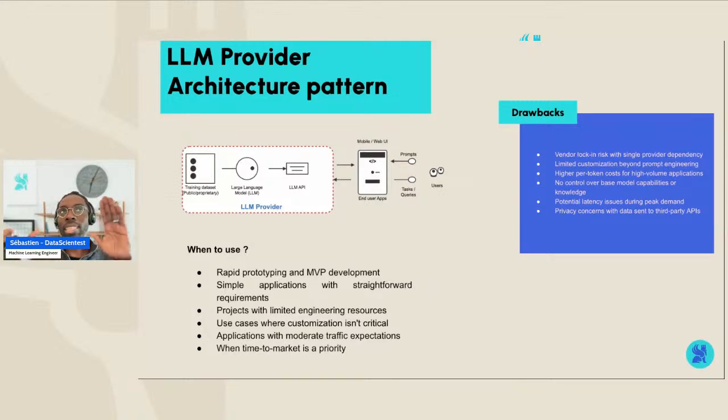But the idea is that this is the most simple one. You will simply use an LLM provider. The LLM provider on its own has already curated a dataset, performed the training, and then created an API to use the model. So the LLM provider will be OpenAI, or any LLM provider that you can think of.